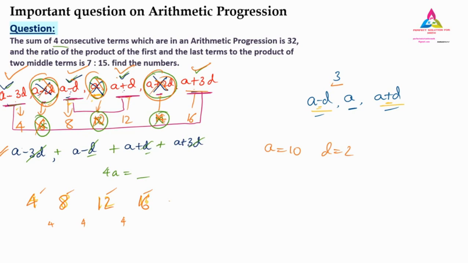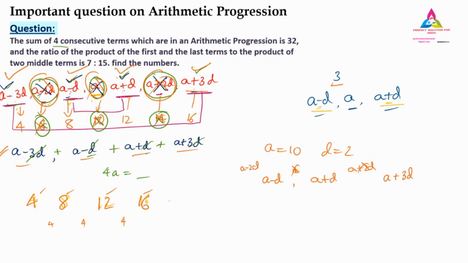Which are the 4 terms? A minus 3d, a minus d, a plus d, a plus 3d. For example, if they give 6 terms, what do we have to do? Similar method. A minus d, a plus d, we have neglected a over here. Next, a plus 2d we have to neglect, so we get a plus 3d. Backside also we have to move.